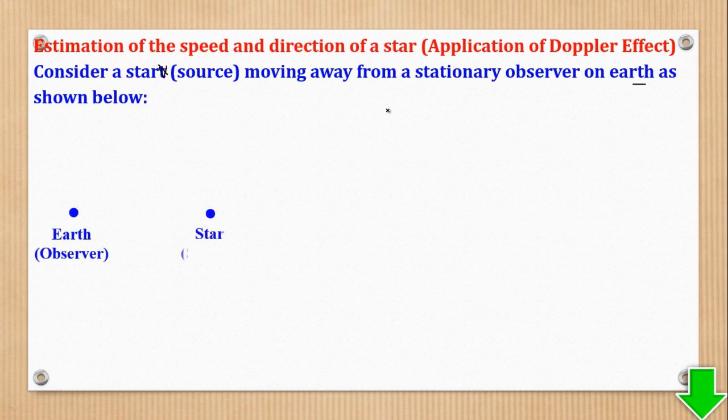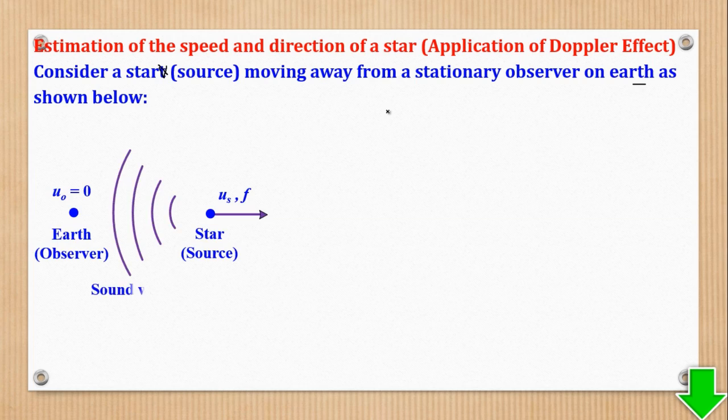So you have an Earth, which is the observer, and a star, which is the source. So the Earth is stationary, but the star is moving away. The star can move away or towards, but for the case of derivation, we are going to consider both. We are going to consider when the star is moving towards and when the star is moving away. But let's start with when the star is moving away from the Earth. So that will be the diagram.